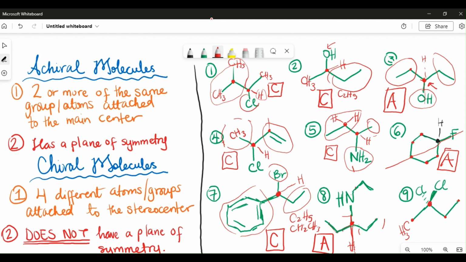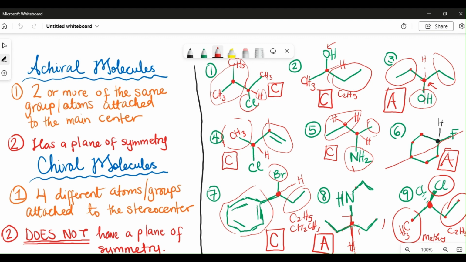So now we are going to the last carbon center in the carbon chain, and you have that. Sorry, you have this CH3 group, also called the methyl group, attached, and then you have this ethyl group, which is the C2H5, attached, and then you have a chlorine group coming out of the page of this particular book.